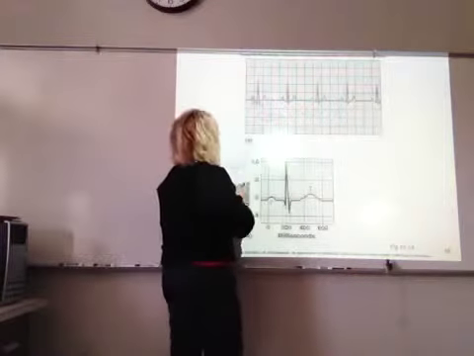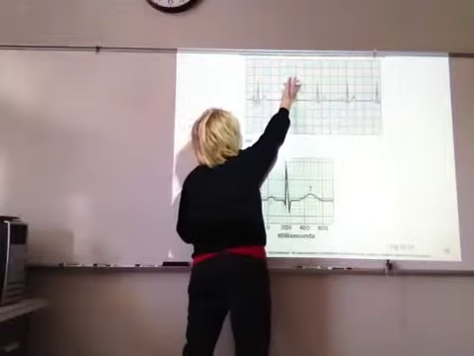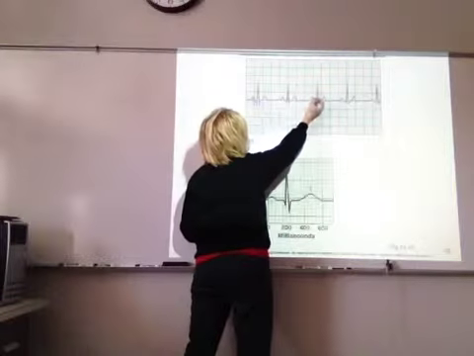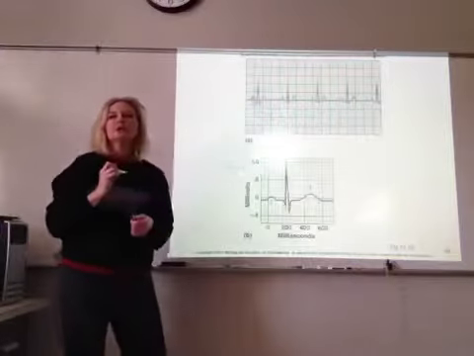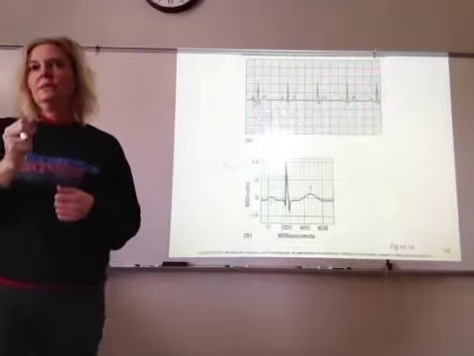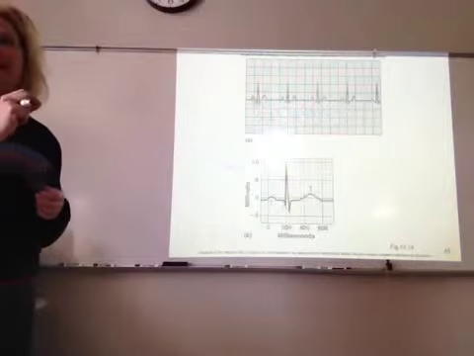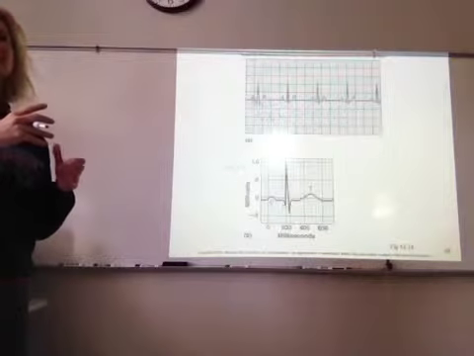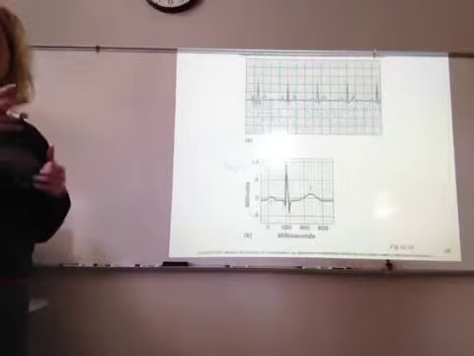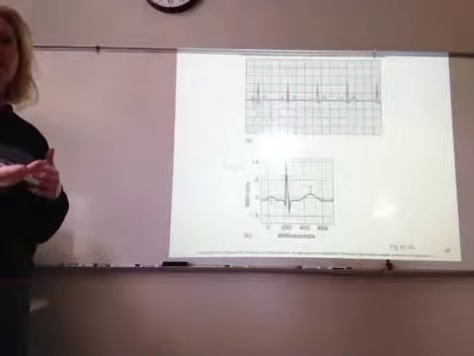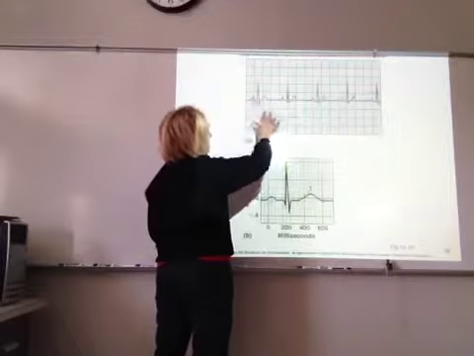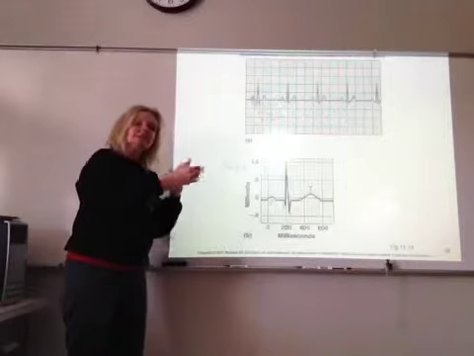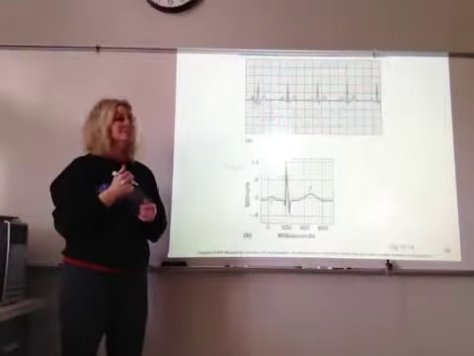So if we just pretended that this wasn't here and my next P was actually way over here, so they had a huge cycle, your heart would beat slow. Typically that's better. Typically a heart that is stronger does not have to beat as often. So the larger your cycle is, typically deals with how strong your heart is.